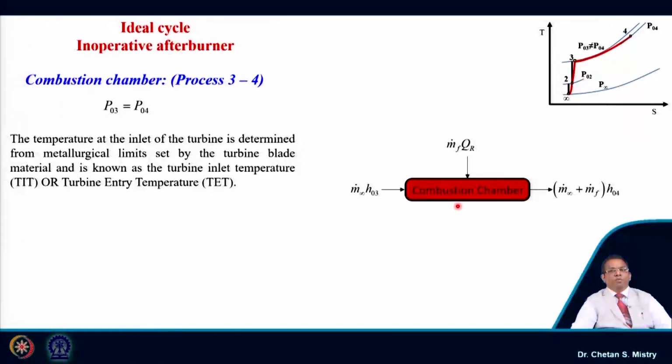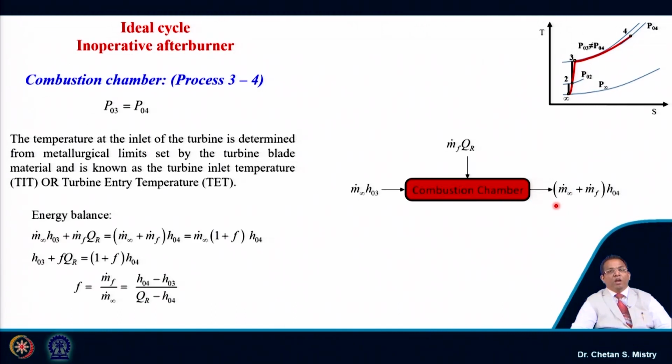So let us put the combustion chamber, and if we do our energy balance, this represents the amount of heat entering the combustion chamber. Here this is my MF into the lower calorific value of the fuel that we will be burning inside the combustion chamber, and as a product we will get M infinity plus MF into H04.